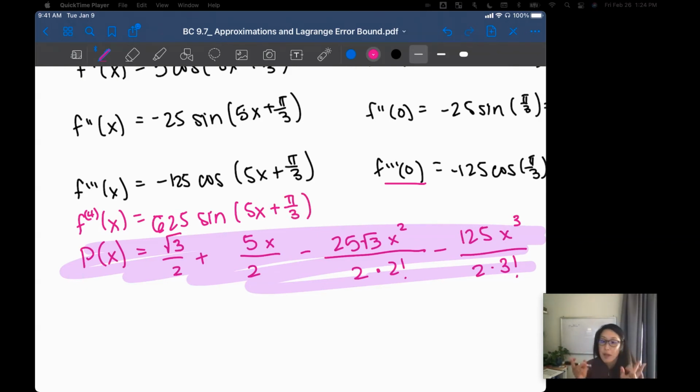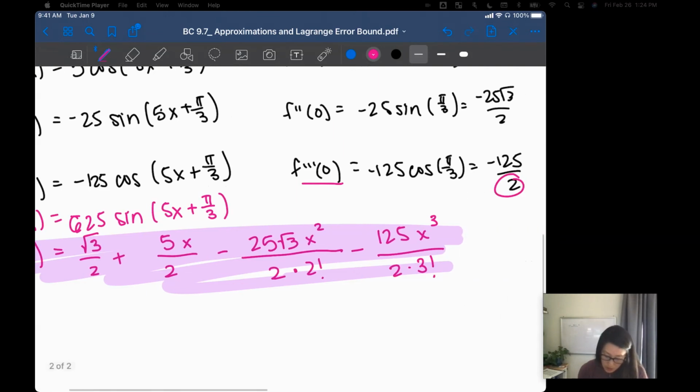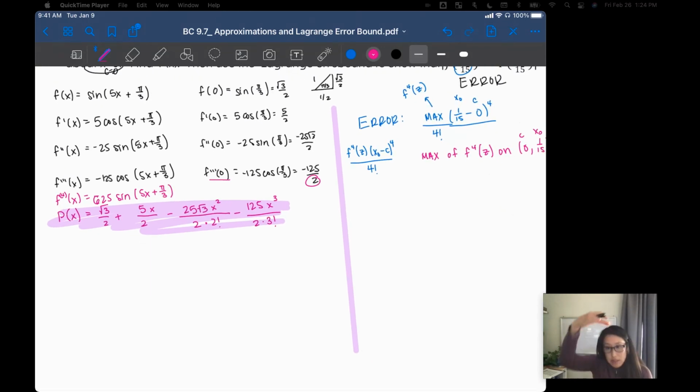Okay, so we know that sine oscillates, okay? Goes up and down and up and down. And this sine function has an amplitude of 625.